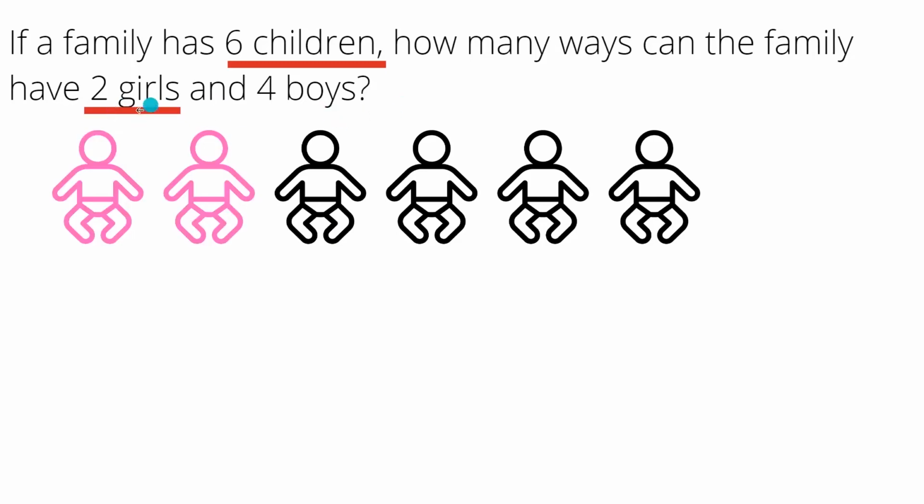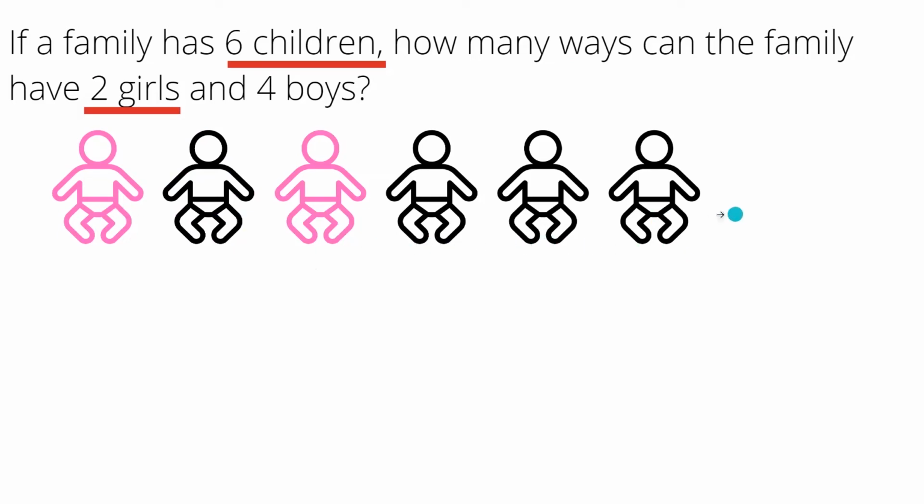But if I want to just look at the 2 girls, whenever some people get confused, how many ways can the family have 2 girls? Well, they could have girl, girl, then boy, boy, boy, boy. But they could also have girl, boy, girl, boy, boy, boy.